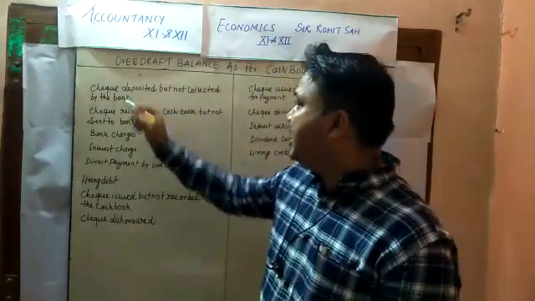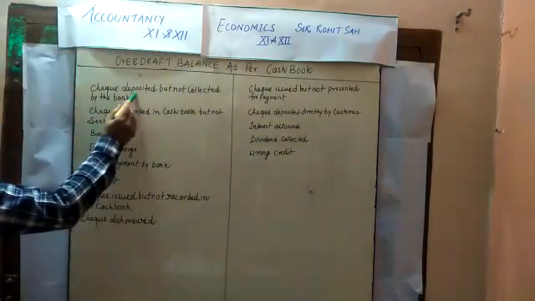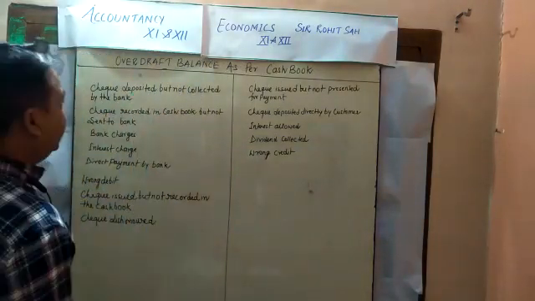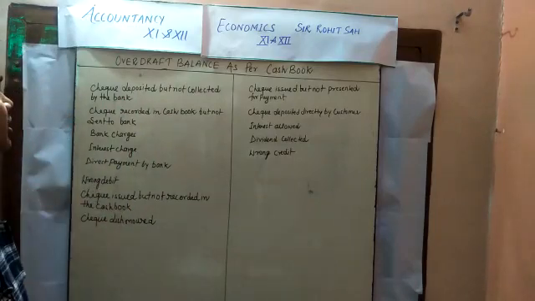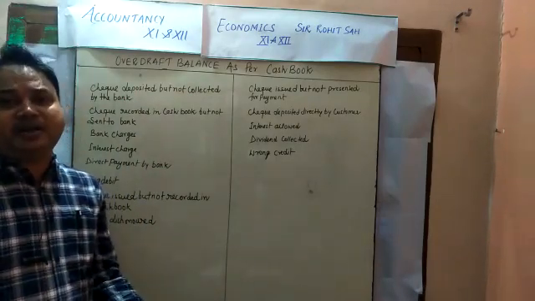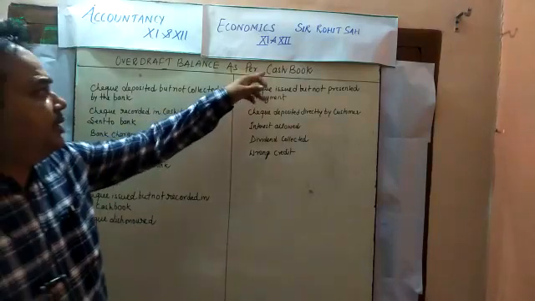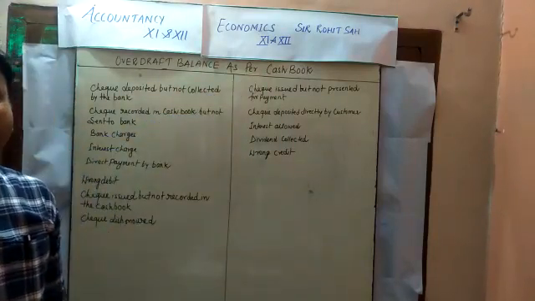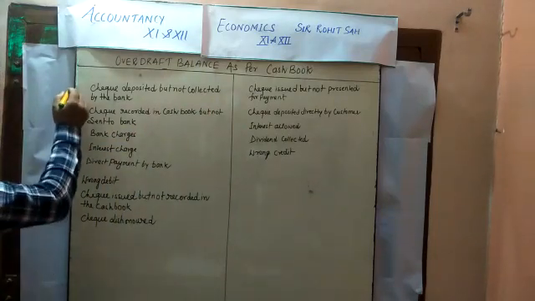The first point I mention here is check deposited but not collected by bank. Suppose I deposit a check of rupees 5,000, but it is not credited in my account. So what will we do if we begin from the balance as per cash book? We have to add.